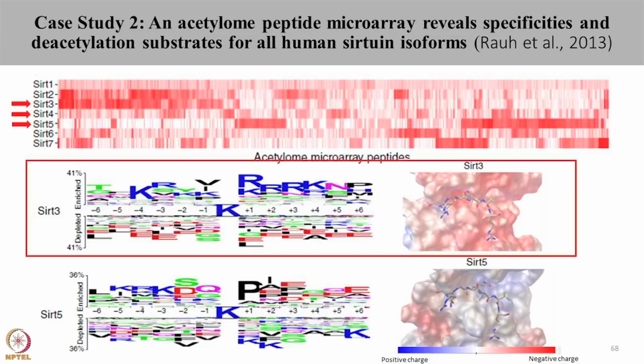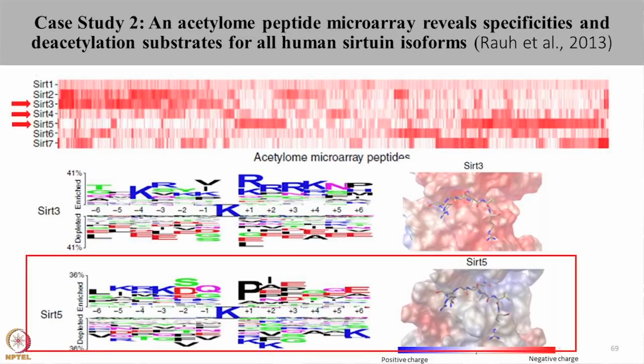Owing to that, the peptides that are preferred by sirtuin 3 had a lot of positively charged residues, specifically arginine, upstream of the acetylated lysine. For Sirt 5 you can see that at position 1 proline was predominantly present. The other upstream amino acids were either positively charged or nonpolar, whereas the downstream amino acids were majorly positively charged.